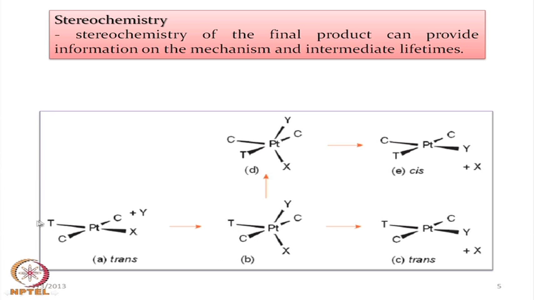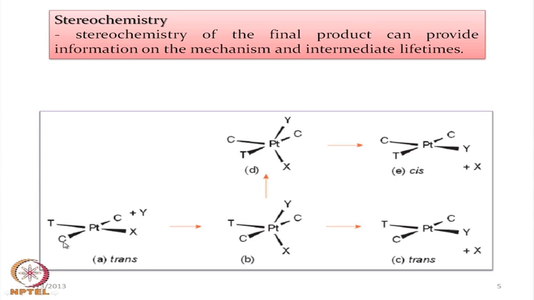So, T is there and this T is labilizing the group X, but as an intermediate case where this X has not gone away, it is not giving us a trigonal geometry, because what we have discussed earlier is that X can go away, giving rise to a tri-coordinated form of the platinum, and if all these three groups rearrange and come to an angle of 120 degree, then the trigonal coordination environment can be achieved. But if it remains as a vacant position, or the entire molecule forms a T-shaped molecule, or some solvent or water molecule can attach to this position, or it can go for a trigonal bipyramidal geometry where this particular CC bond will remain intact.